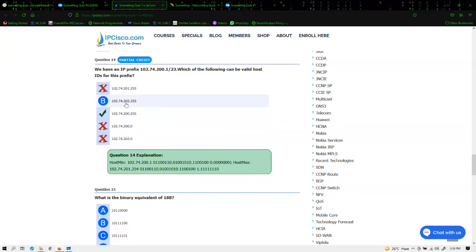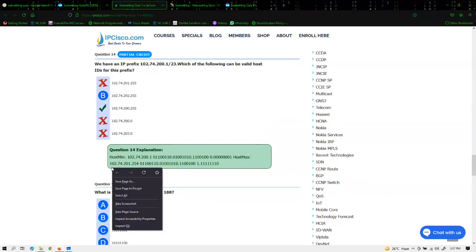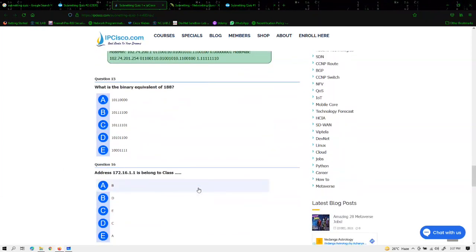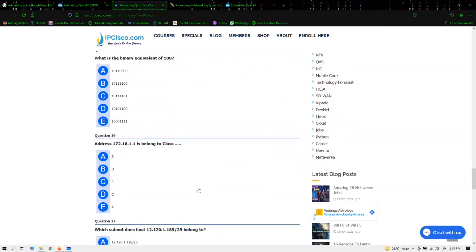Option B is out of subnet. Option C is out of subnet. Option D is like a network address, right? Network address. And this is also out of subnet. So I think this one is correct only. So maybe host ID is just like a normal IP address. Yeah, normal IP address only. So here, is this a network address or something? It is said IP prefix, maybe. Let's move.